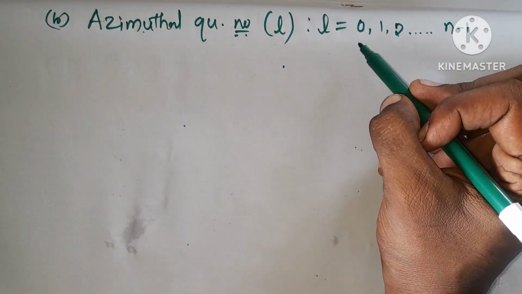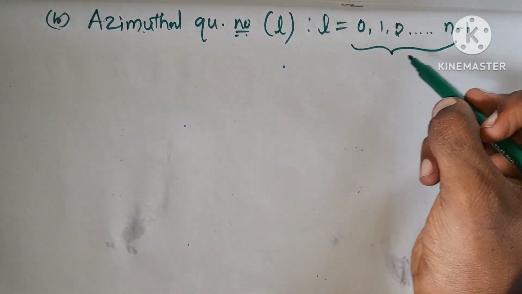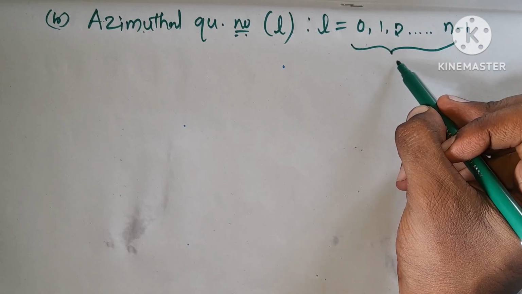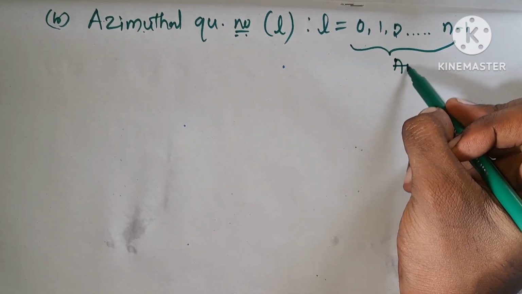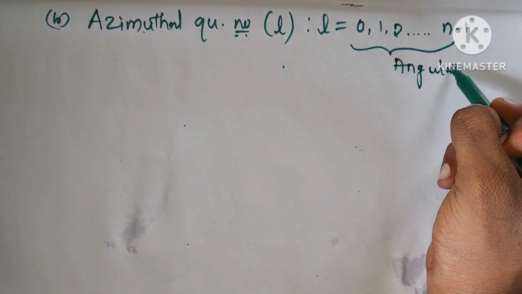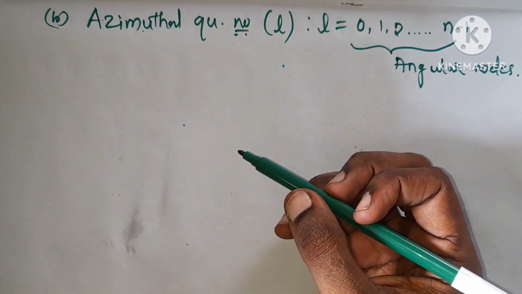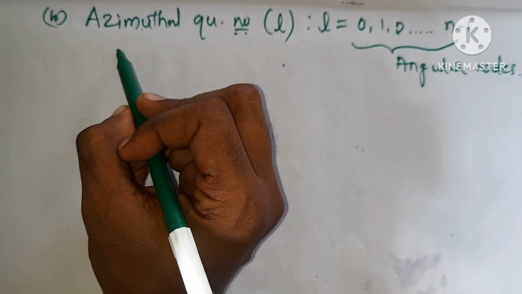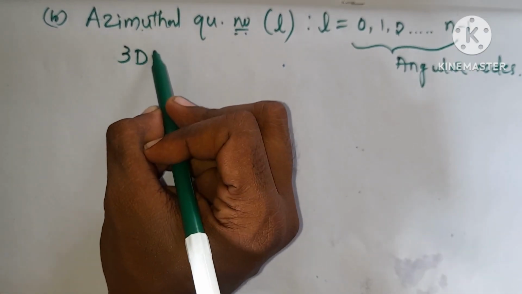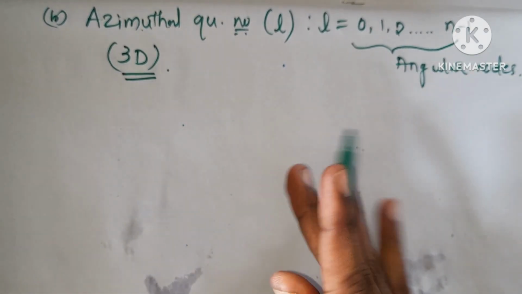So here these numbers 0 to n minus 1 represent the number of angular nodes in the atom. This azimuthal quantum number is moreover related with the three-dimensional shape of the atom.